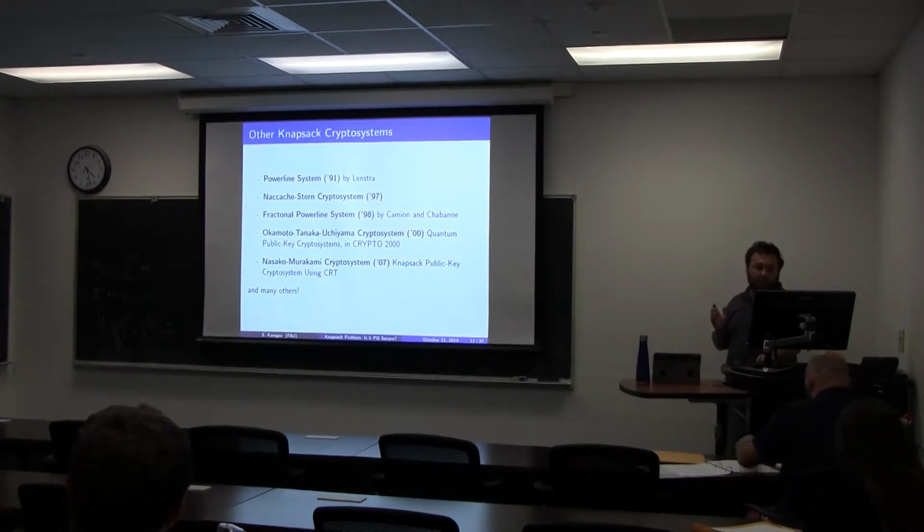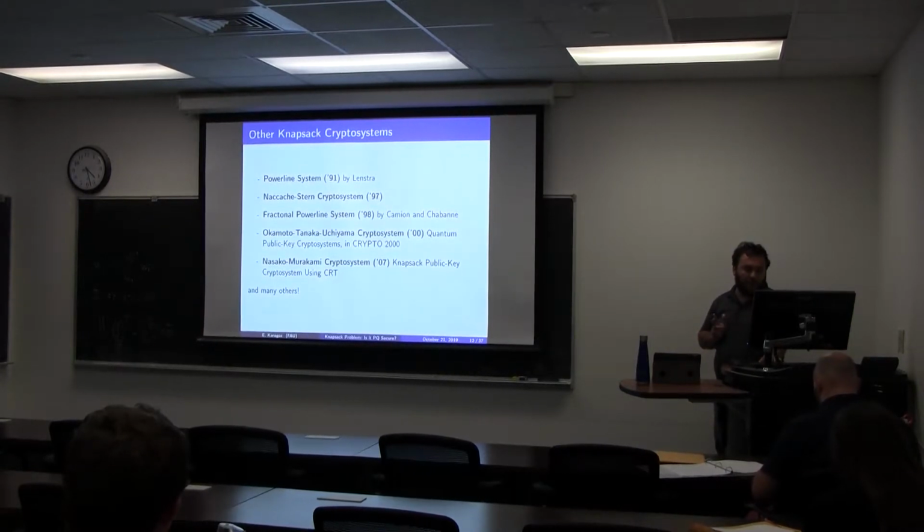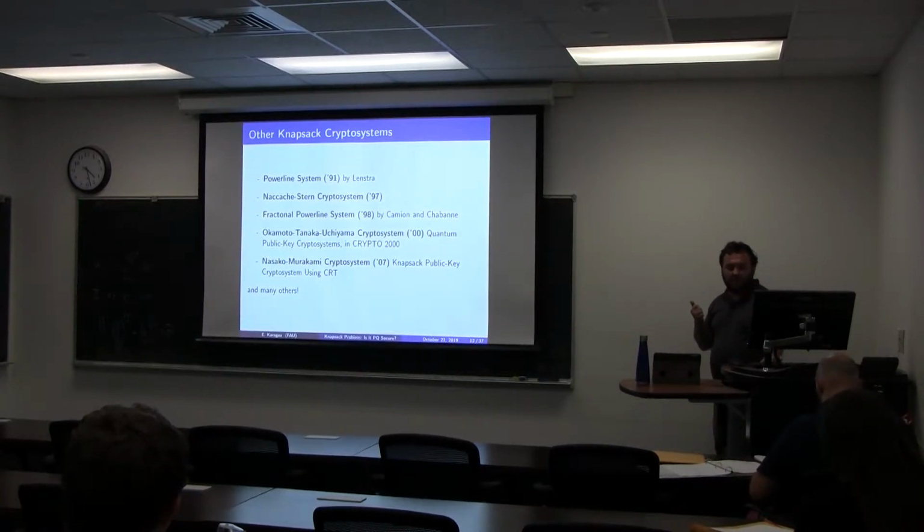Other crypto systems: the Nasha and Star crypto system, and Okamoto, Tanaka, Uchiyama, OTU. This crypto system is proposed as a quantum-safe public key crypto system based on number fields.